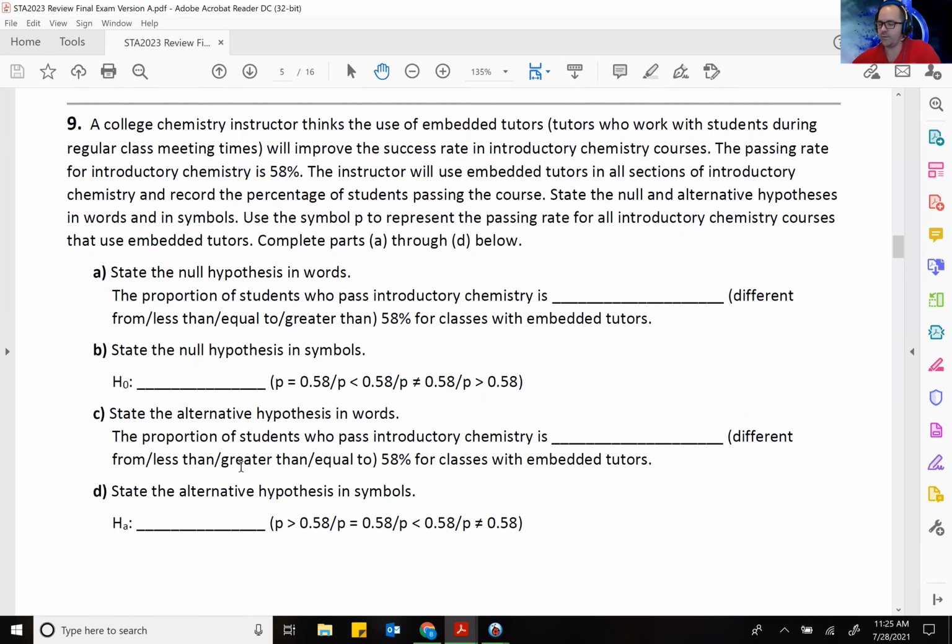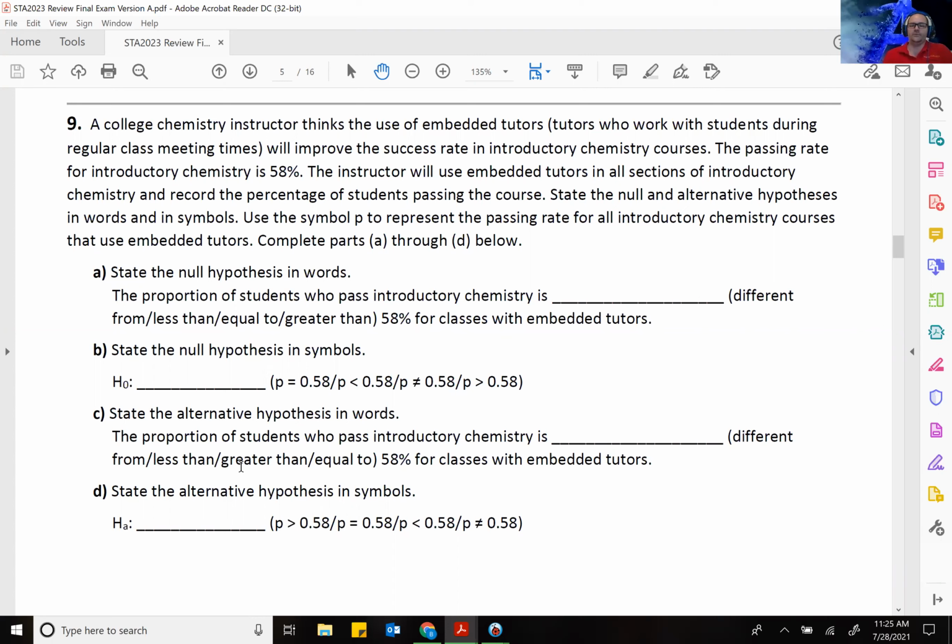So now we have a hypothesis test. Okay. So a college chemistry instructor thinks the use of embedded tutors who work with students during regular class meeting times will improve success rate in the introductory chemistry course. The pass rate for introductory chemistry is 58%.